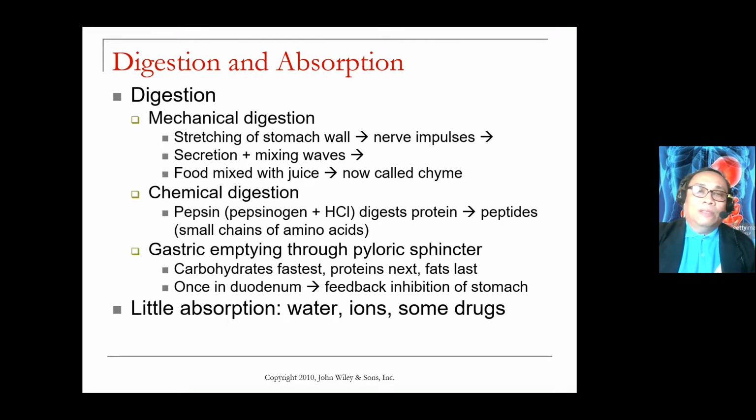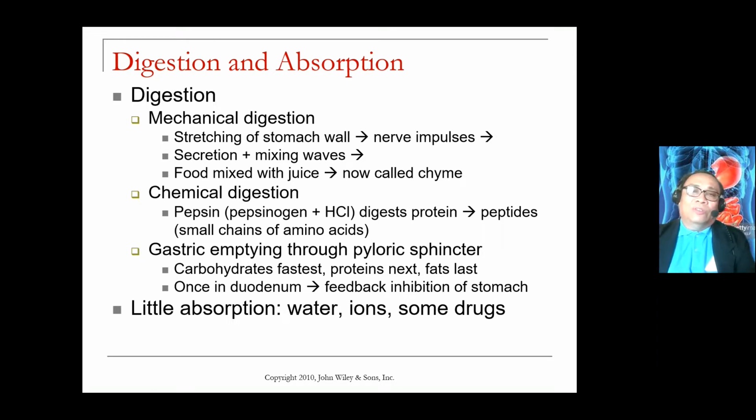Okay, in digestion and absorption, as we already mentioned earlier, digestion is accomplished through mechanical as well as chemical digestion. Under mechanical, we have the stretching of the stomach wall, and nerve impulse will cause it to contract. Kaya tuloy-tuloy pa rin ang churning.